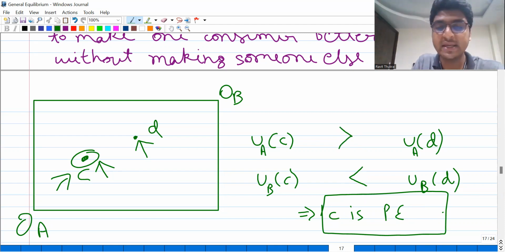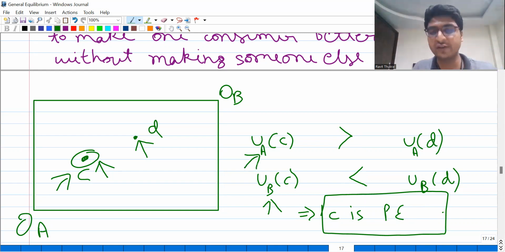So you are making B better off, but A is getting worse off. Getting worse off means utility after redistribution has decreased. Okay, so only in this case where you can only make one person better off, but you have to make the other person worse off, only in that case you can call the initial bundle Pareto efficient. Now let's solve one question in the next video.